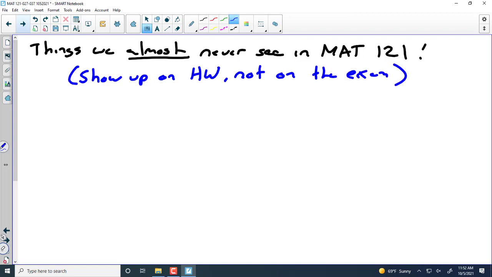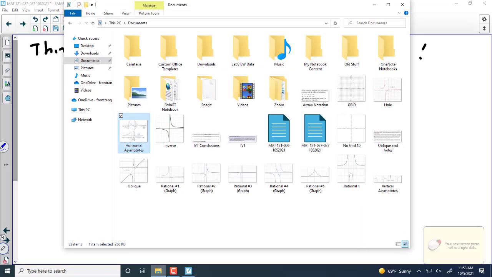And by that I mean these are things that might show up on the homework but are not going to show up on your exam. So you might need to deal with these things, but they're not things that I directly test you over. But the problem is some of the homework is like these multiple choice problems, and they include some of this terminology, so we do need to talk about it. So let's talk about these two things here. So don't feverishly copy this down.